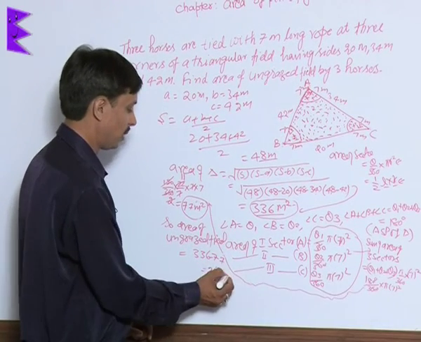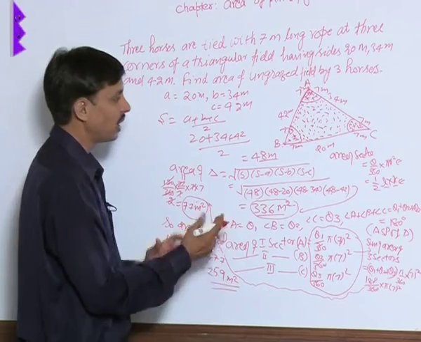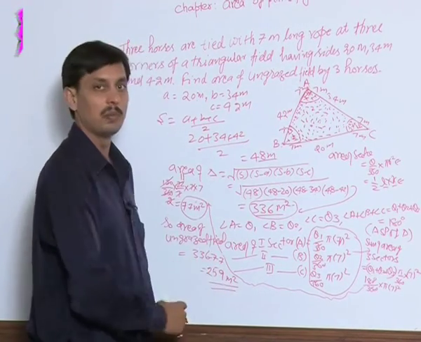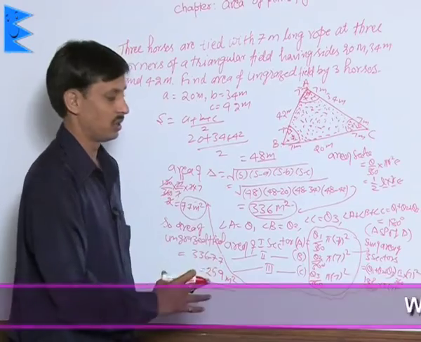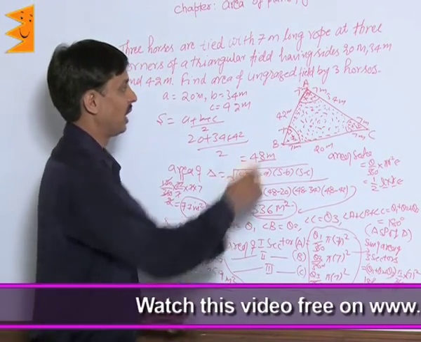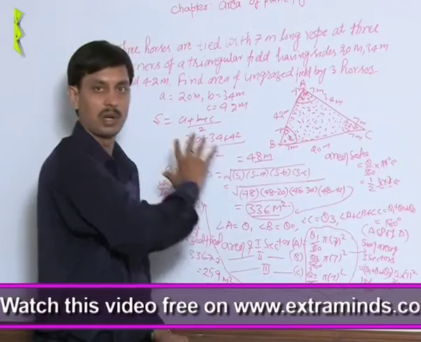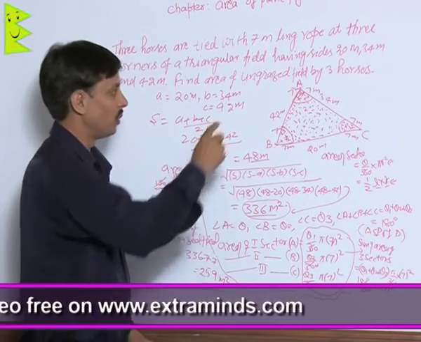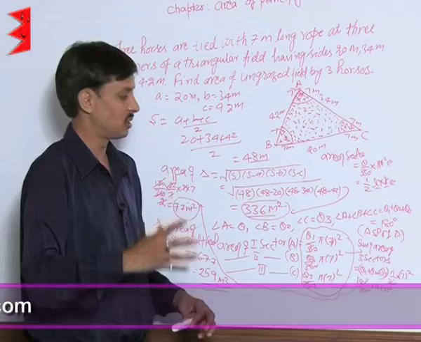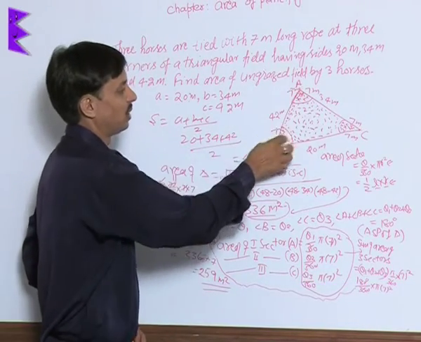So 259 meter square is the area of that part of this triangular field which cannot be grazed by the three horses. So what was the specialty in this question? I want to tell you that the angles of the sectors were not given, but we wanted to calculate the sum of areas. With the help of the angle sum property, we calculated their sum.